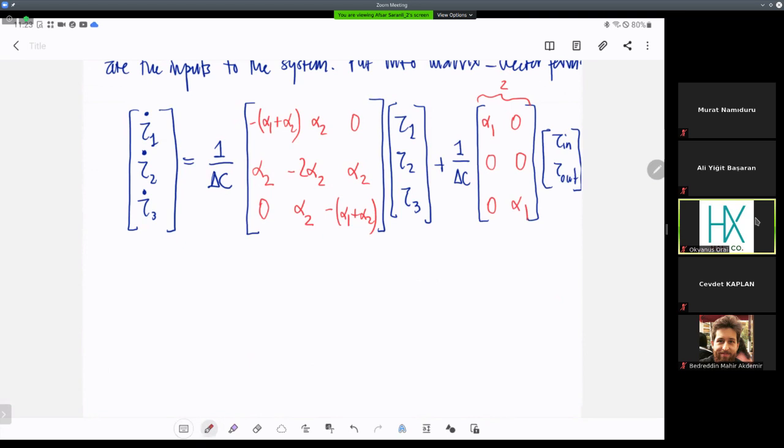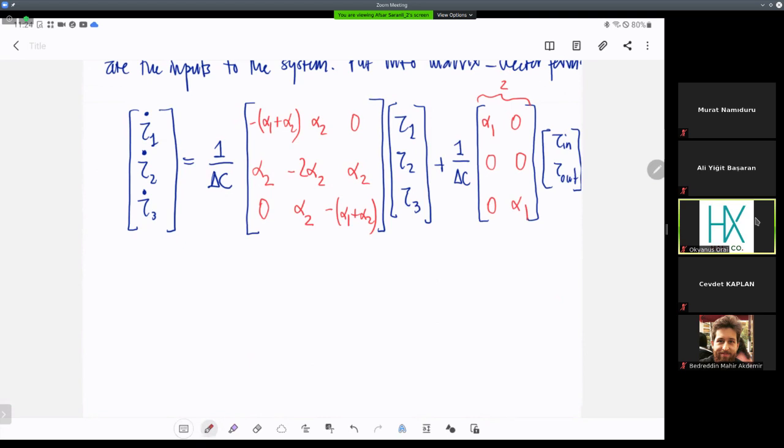You can put it in a vector form where you simply have an f1 function, f2 function and f3 function for the derivative of the first state, and the derivative of the second and third state. But if you had a nonlinear system, you don't try to put it into x dot equals Ax plus Bu form. Nonlinear systems are left as simply separate functions.